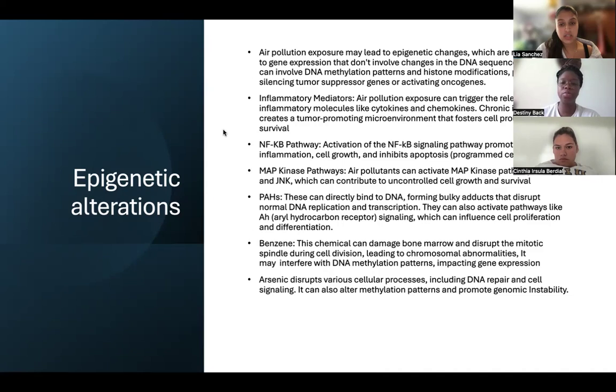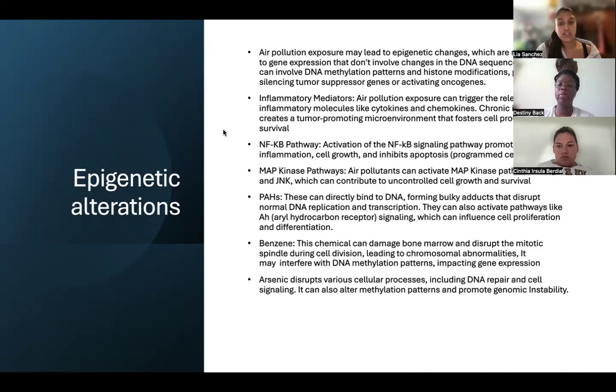PAHs. These can directly bind to DNA, forming bulky adducts that disrupt normal DNA replication and transcription. They can also activate pathways like aryl hydrocarbon receptor signaling, which can influence cell proliferation and differentiation. Benzene.